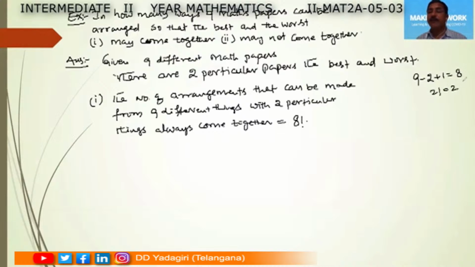Whenever we change the order of these particular 2 elements, the total arrangements will change. So in each of these 8 factorial arrangements, if these 2 elements are arranged in 2 factorial ways, then the total number of arrangements will be 8 factorial into 2 factorial.